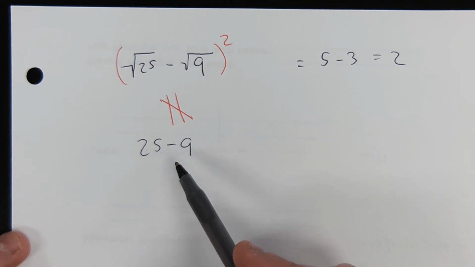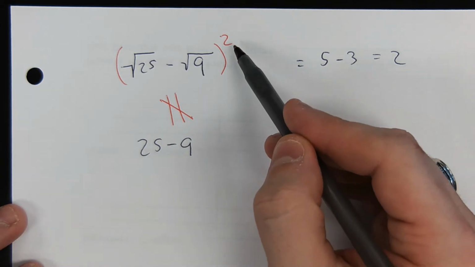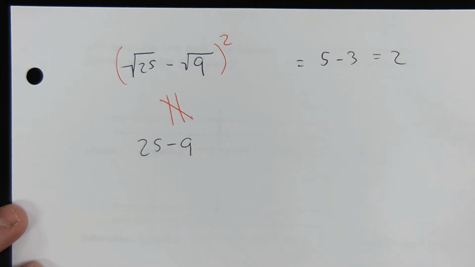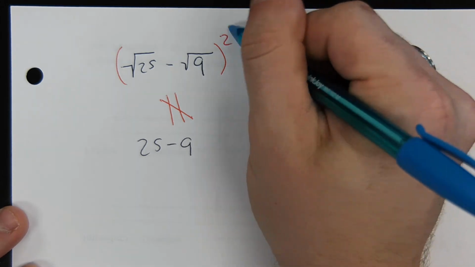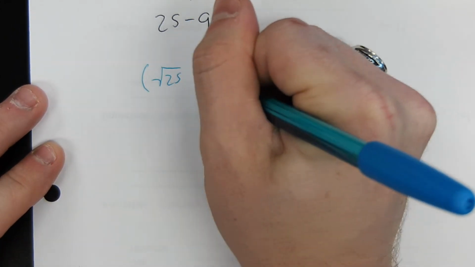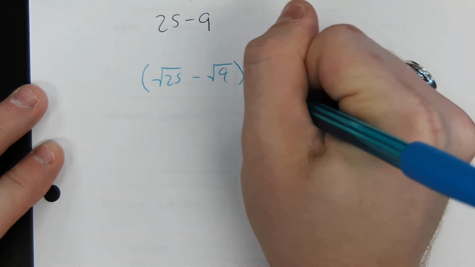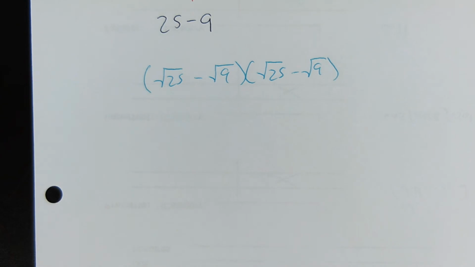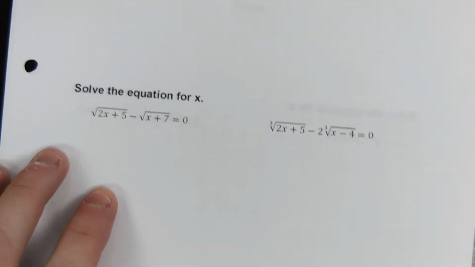Why is that not working? Because when you put an exponent on a set of parentheses, remember what that means. It means that set of parentheses times itself. This 2 is implying that you were doing this. And you would have to FOIL. And we don't want to do that with this.